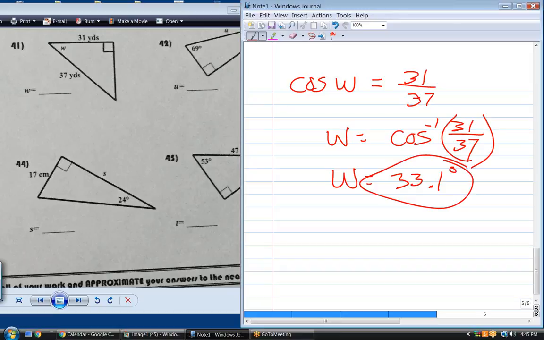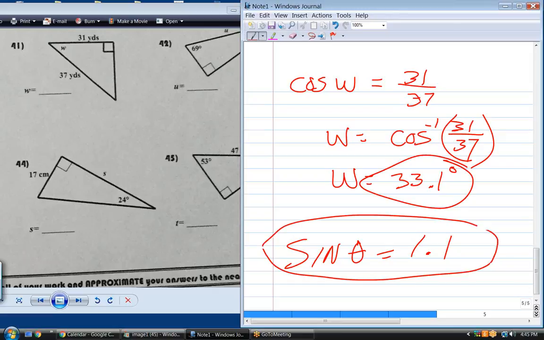Now, always know something. Sines and cosines, it's impossible to have the sine of an angle being 1.1. In other words, all sines and all cosines result in answers that are between -1 and +1. So if somebody tells you this, that's impossible. Cannot be.